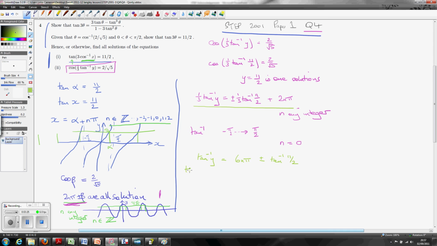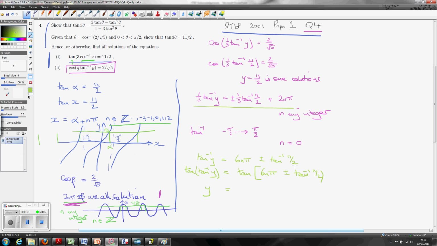I apply tan to both sides, so it's tan of tan⁻¹ y, because it's y I want to solve for, equal to tan of this big thing, 6nπ plus or minus tan⁻¹(11/2). And this is y, because tan of tan⁻¹ y is just y. Now I've got tan of a lot of pi's plus or minus this.